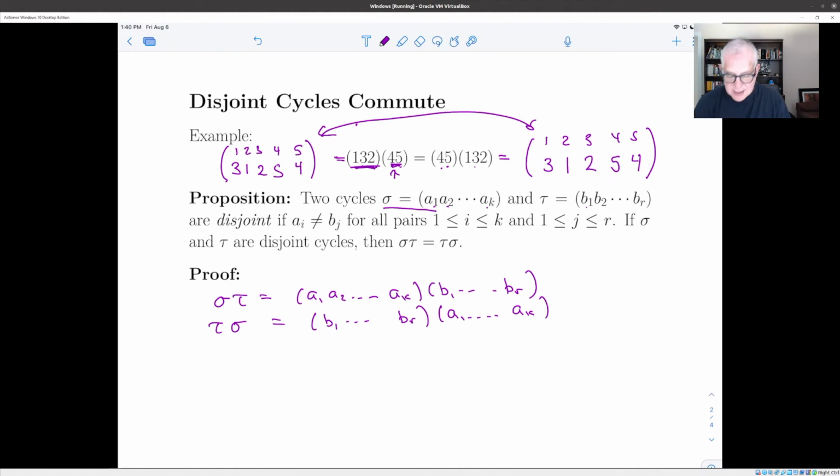And let's ask, what is sigma tau of A1? Well, tau of A1 is just A1, because since they're disjoint, none of these B's is A1, and therefore tau leaves A1 alone. So tau of A1 is just A1, and sigma tau of A1 is sigma of A1, which is A2. What about tau sigma of A1?